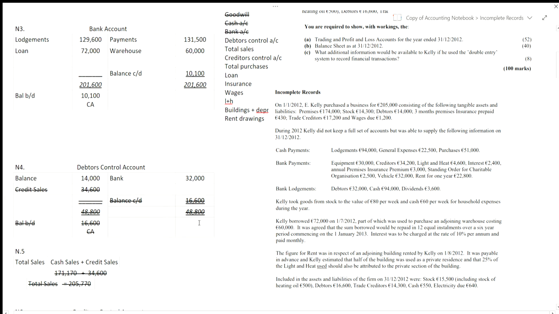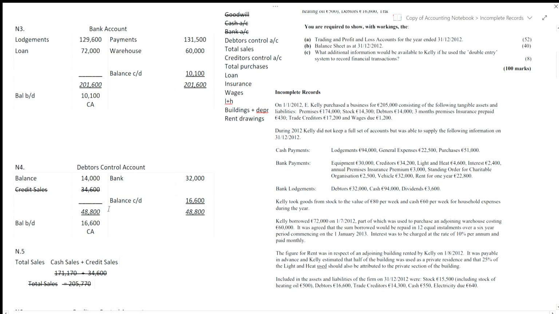We can also assume that once we have calculated our balance on both sides, it is 48,000. I'm just uncovering these here. So my balance on both sides is going to be 48,800. The difference here is going to be, I'm just going to clear this off. The difference here is going to be my credit sales.